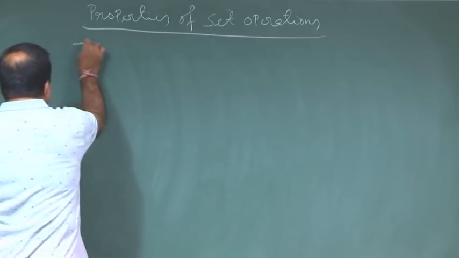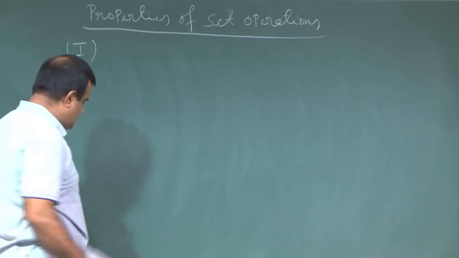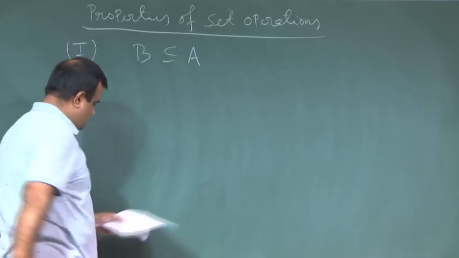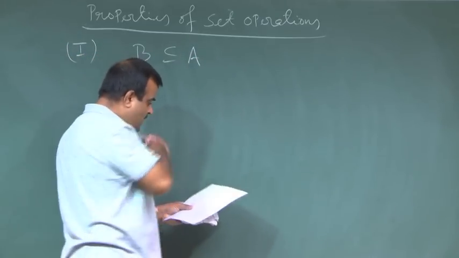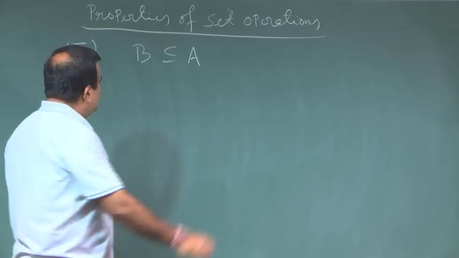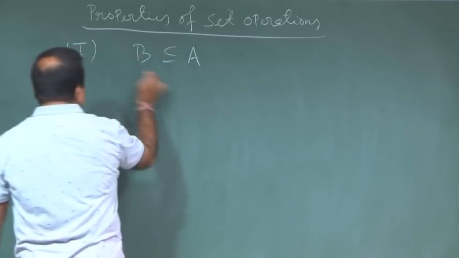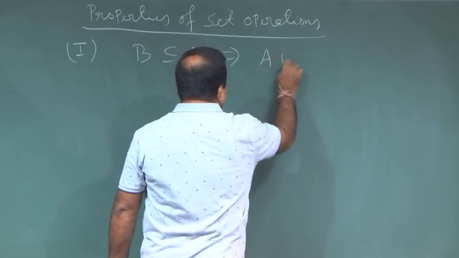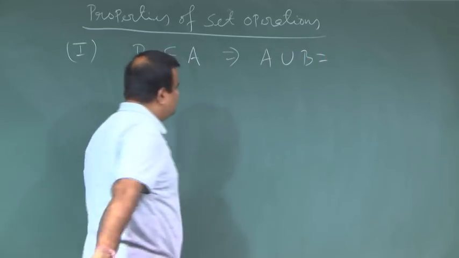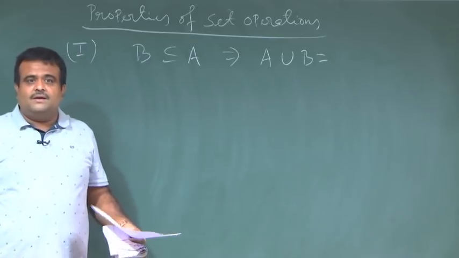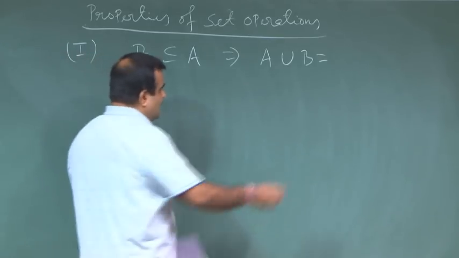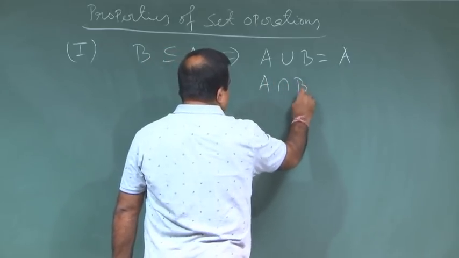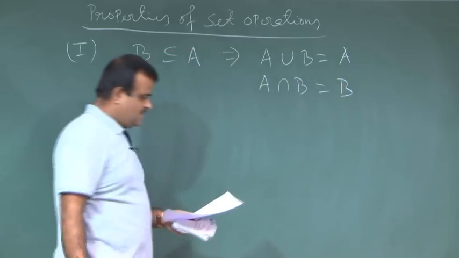The first property: suppose B is a subset of A. Then A union B is basically A, and A intersection B is basically B.